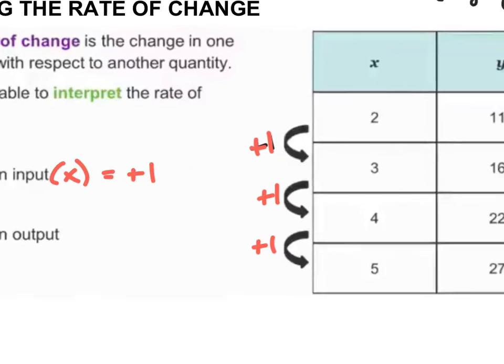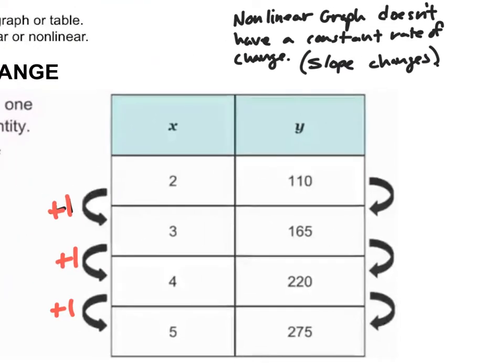Now the change in my output, my y values, so this is my input, this is my output. The change in my output from 110 to 165 is plus 55. To get from 165 to 220, I'm adding 55.